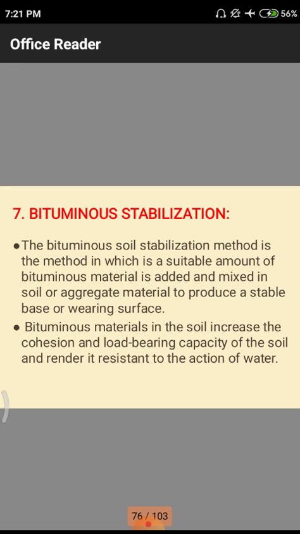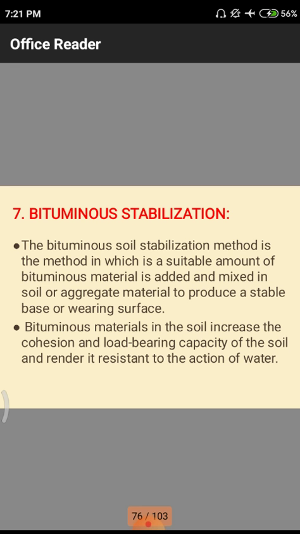First, we have observed mechanical stabilization, and second, lime stabilization. Third, cement stabilization, fourth, chemical stabilization, fifth, fly ash stabilization, and sixth, rice husk ash stabilization.